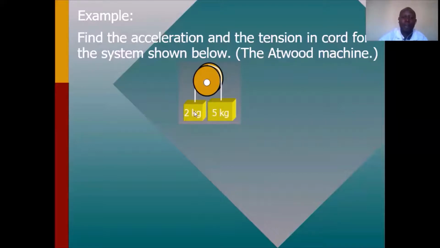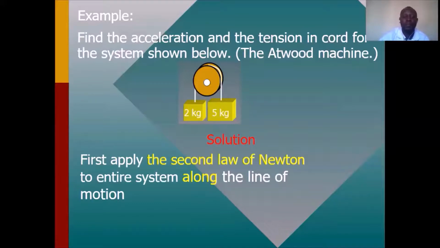Automatically, here we are going to have the weight 2 downward and the tension upward. Here we are going to have weight 5 downward and the tension will also be upward. Solution to this problem: first we apply the second law of Newton to the entire system along the line of motion.